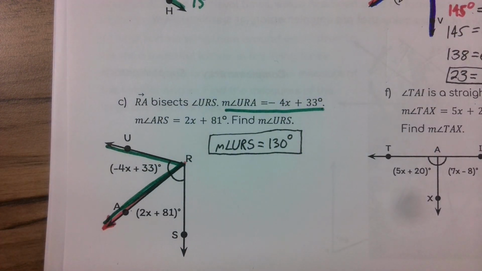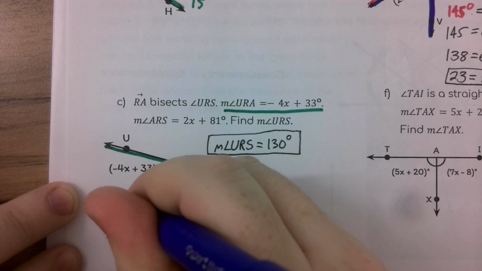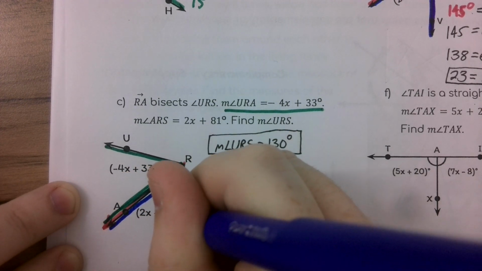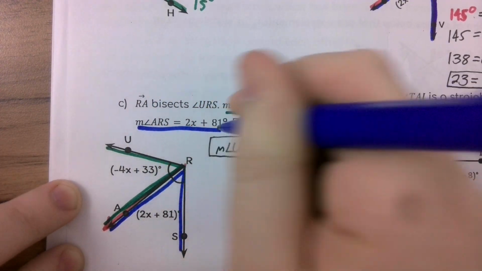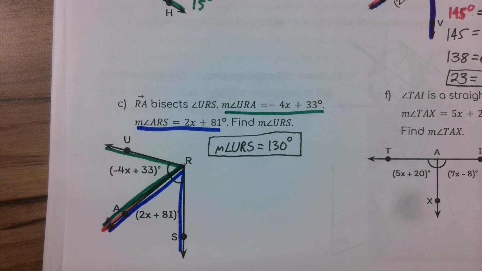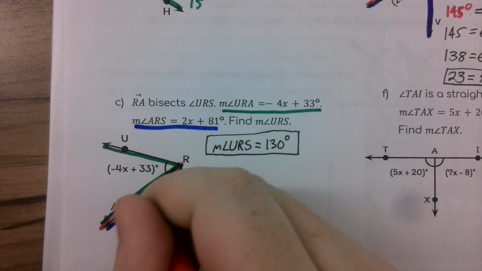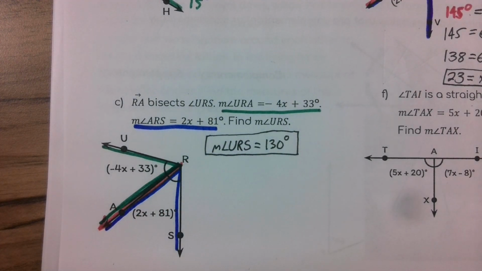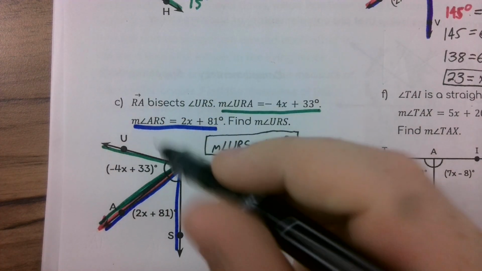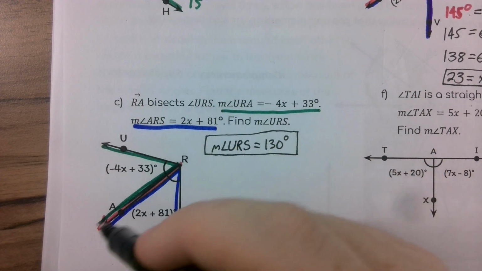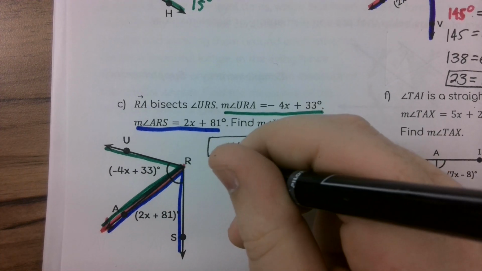And ARS is the other side of the angle that I'll mark in blue. Well, what do we know about an angle that's been bisected? We know that both of these sides, we don't know what angle measure they have, but both of these sides have to have the same measure. This means that we can set this side, URA, equal to ARS.